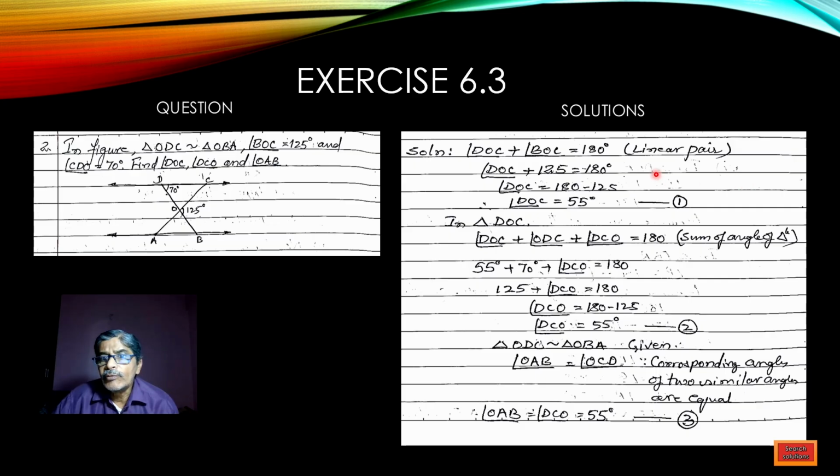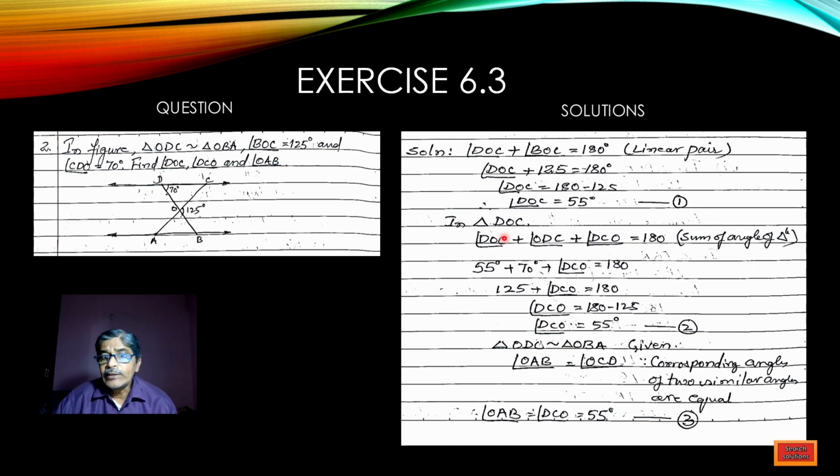BOC is equal to 180 degrees because they are linear pairs. They are adjacent to each other. Therefore, DOC plus 125 is equal to 180, and on simplification, you get DOC is equal to 55 degrees, and we will call it 1.